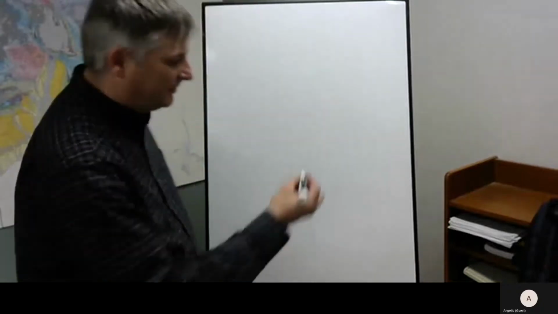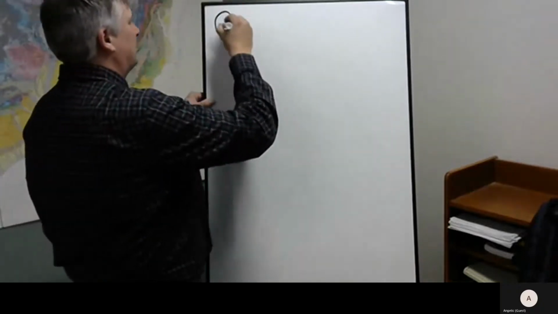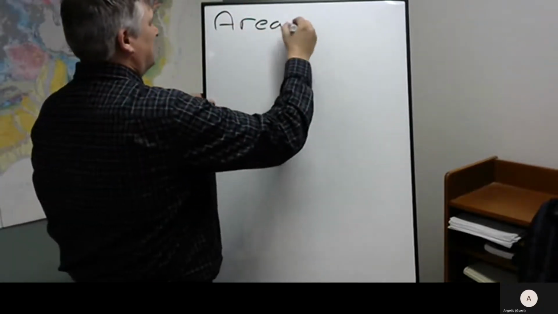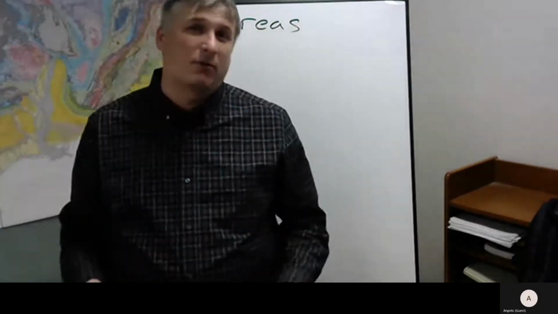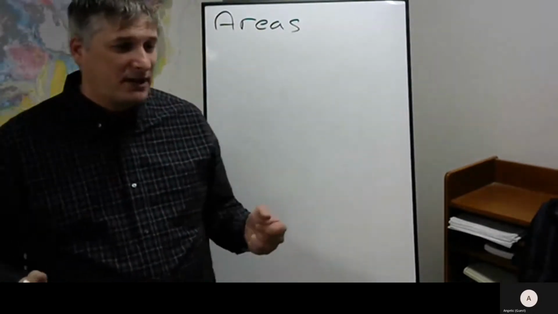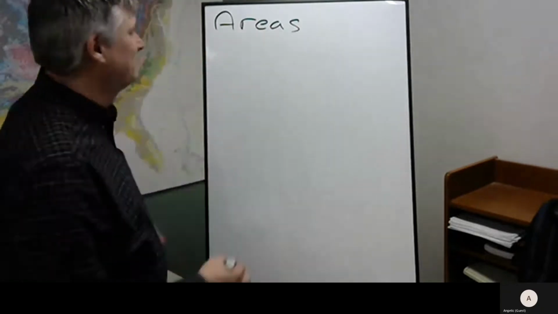So first off, we're going to look at areas that have a very similar formula. These are areas that we could say are base times height.